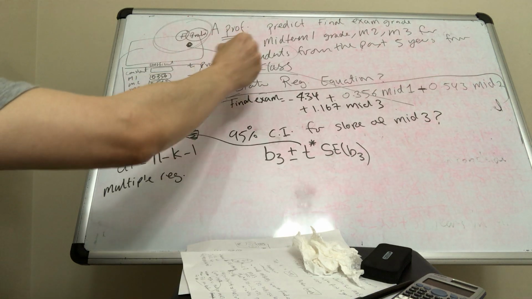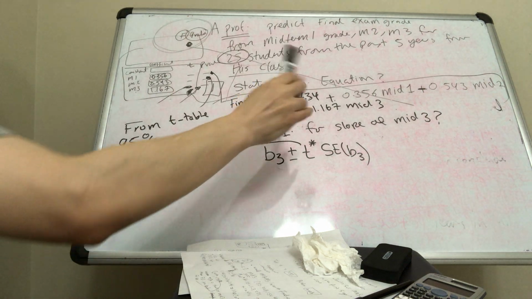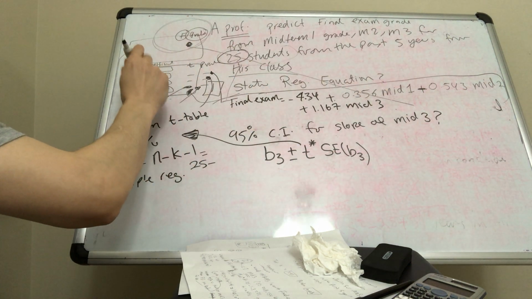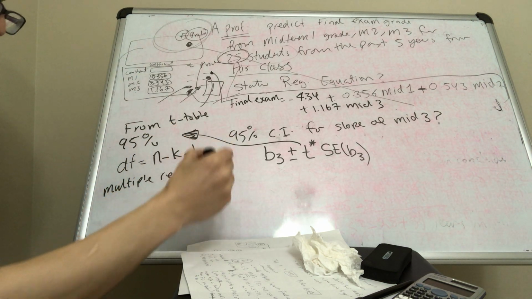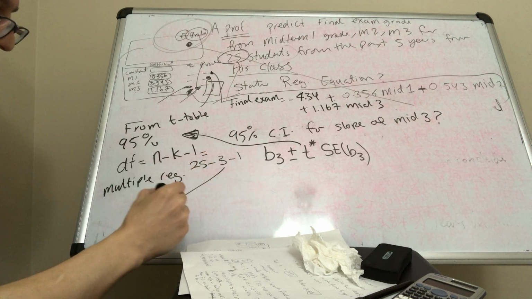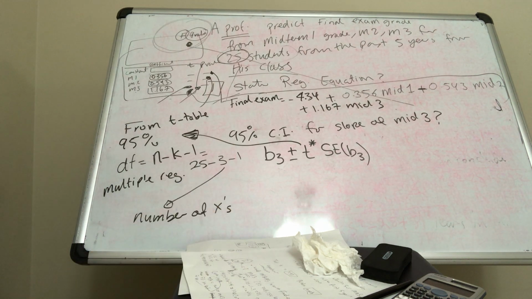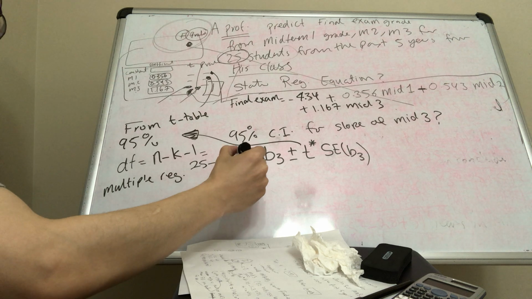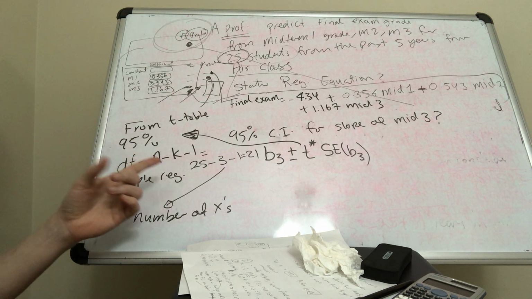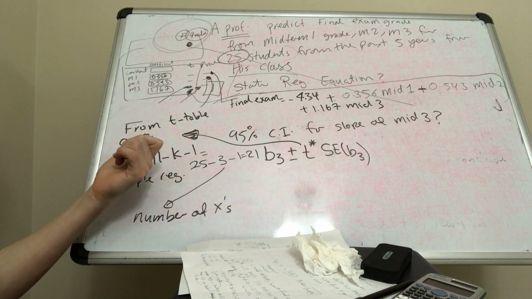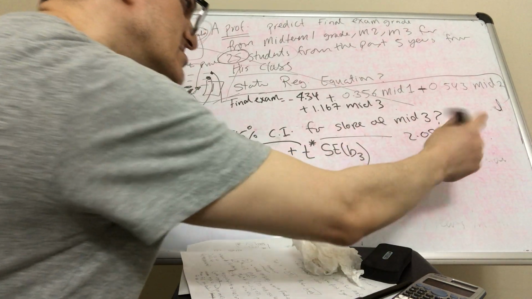Well, there are 25 students, so n is 25. k is the number of x's in the equation, which in this case is 3. So that gives you degrees of freedom of 21. You go to the T table, look up degrees of freedom 21 and 95%, and you'll see that this is 2.08.